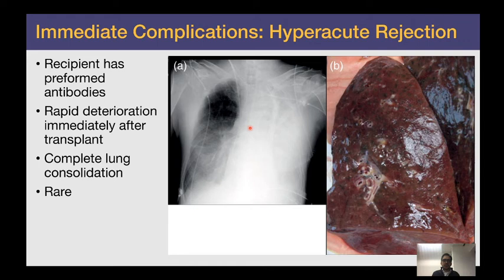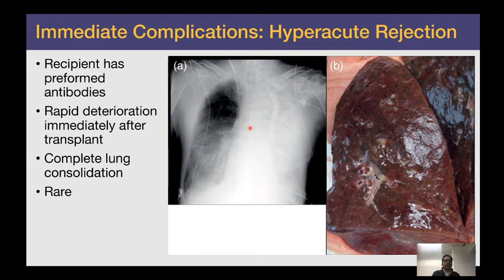So let's talk about rejection. The immediate immunologic complication is hyperacute rejection. What hyperacute rejection represents is that the recipient has preformed antibodies to something in the donor.